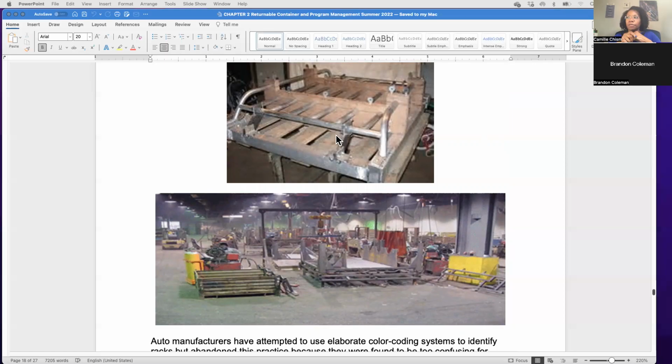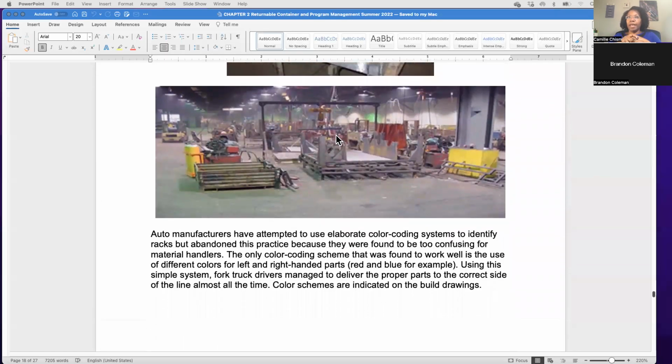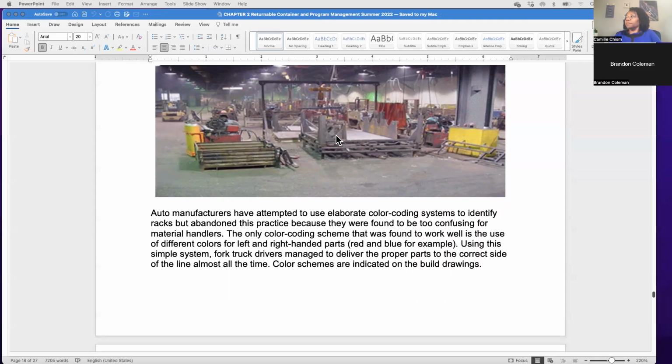So this helps them to know, let's say you have manufacturing and the supplier is saying we're out of racks. Well, if you look around and you see you don't have any more orange racks, that means you don't have anything to send. You may have a bunch of black racks or red racks or whatever rack you might have, same style that would work for that supplier, but if you sent them, then you won't be able to get your production done because those racks are in-process racks.